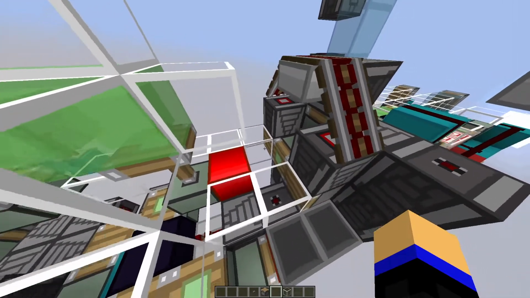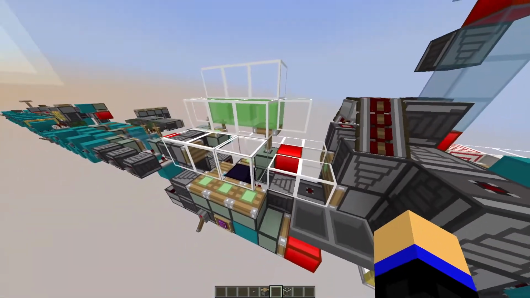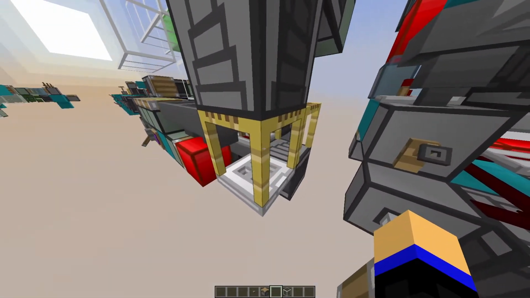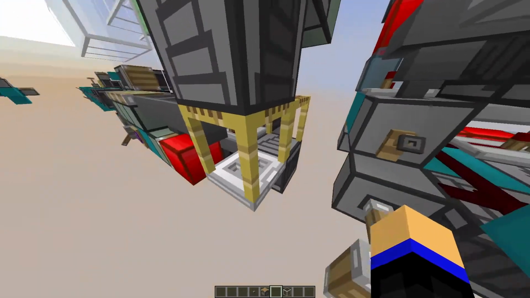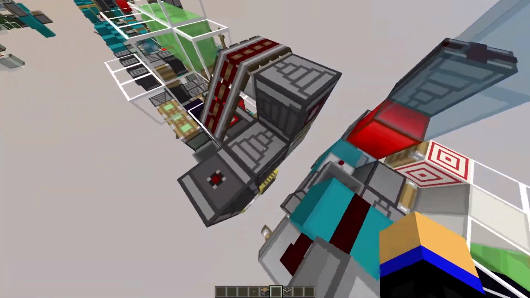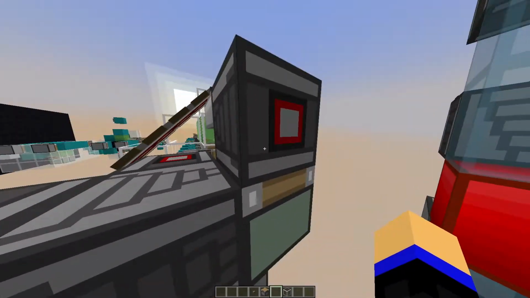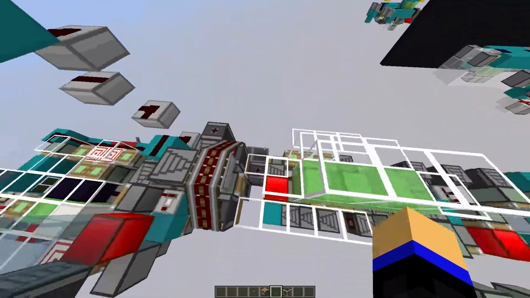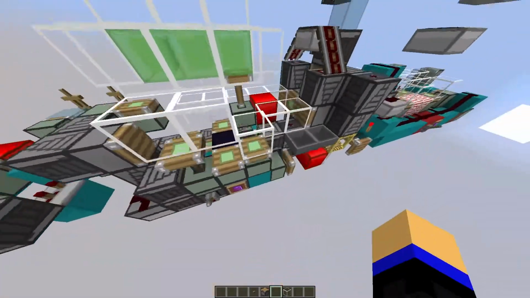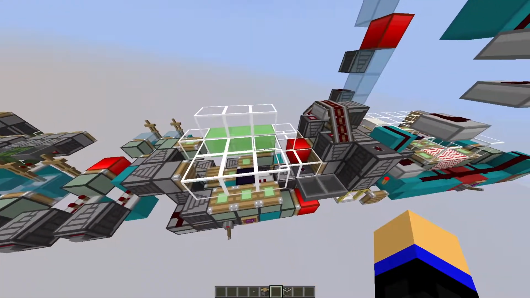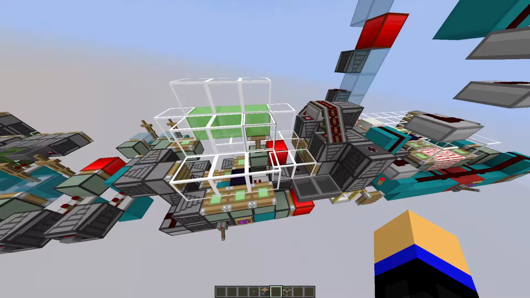So powering at 6.5 ticks would seem like the best thing that we can do, which is why I use a scaffolding here. The scaffolding is 0.5 ticks, so 1.5, 2.5, 3.5. This is 2, so 5.5, and then 6.5, and it powers these two slider pistons. Like so. Now I would give you a slow motion shot.